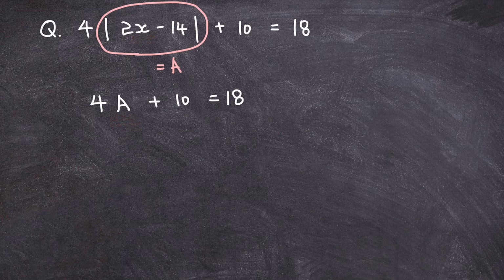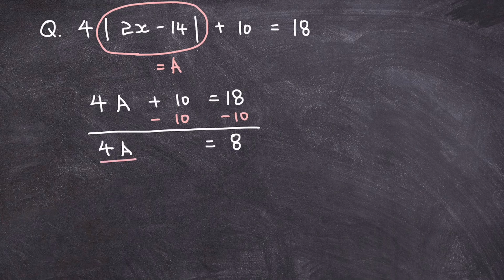So that's easy, right? I am going to first try to get rid of this integer term of 10 from the left side of the equation to isolate the variable of a. So if I subtract 10 from both sides, I get 4a is equal to 18 minus 10, which is 8.